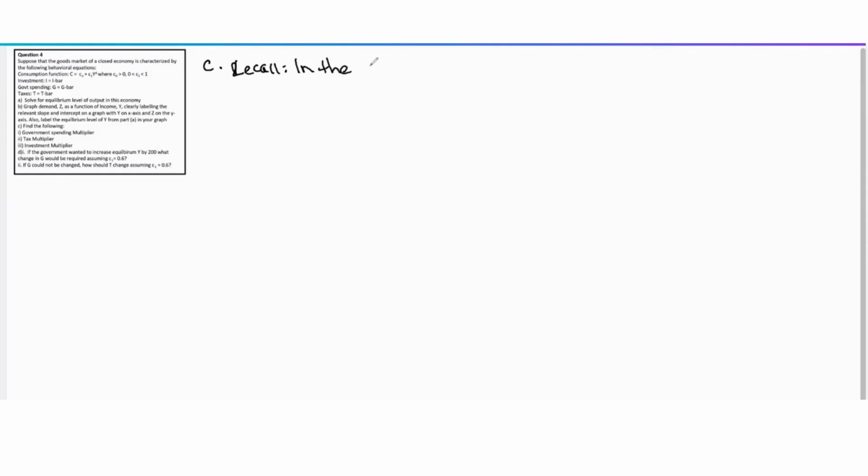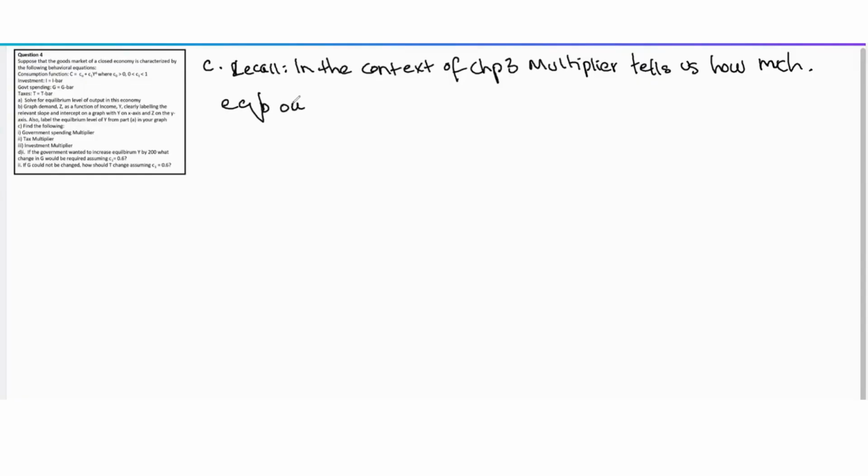In the context of chapter 3, the multiplier tells us how much equilibrium output changes due to a 1 unit change in autonomous spending.